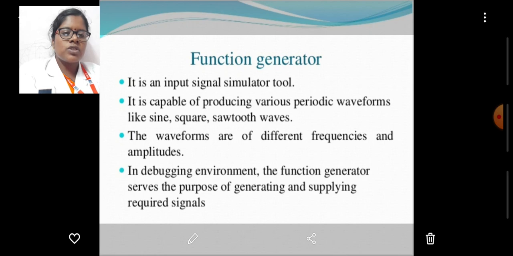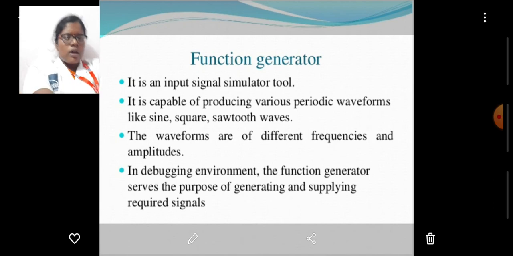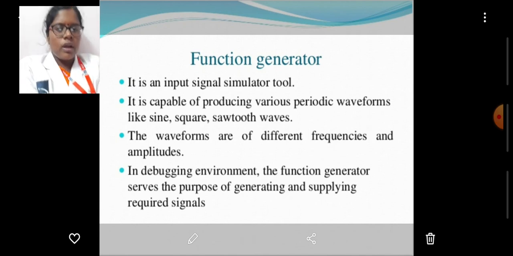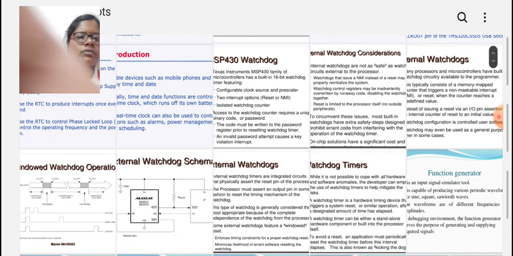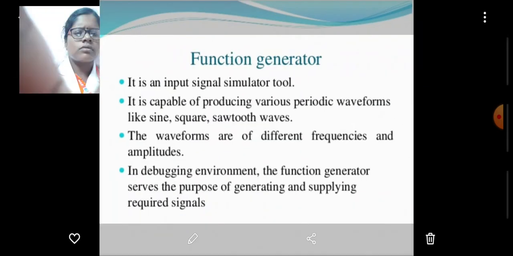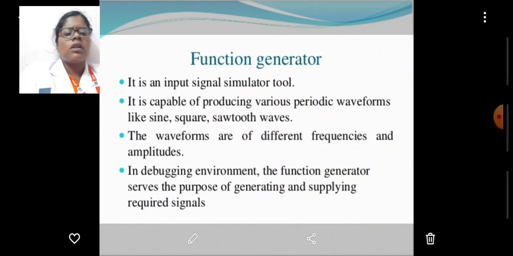Next one is the function generator. It is an input signal simulator tool, also called an AFO.